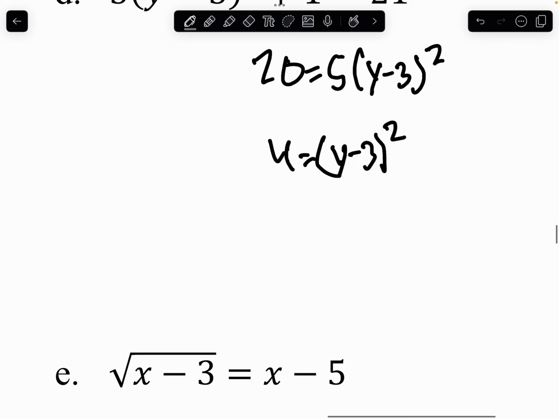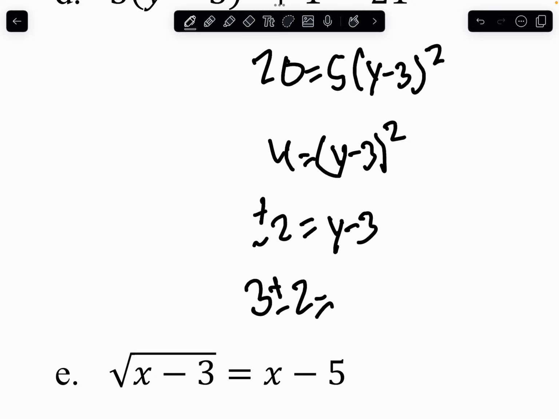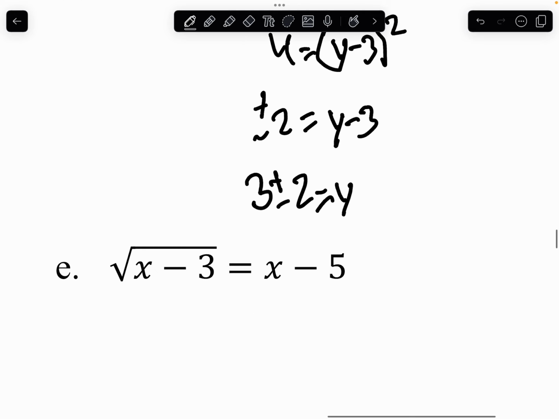Take the square root of both sides, and you get plus minus 2 equals y minus 3. Add 3 to both sides. 3 plus minus 2 equals y. So y equals 3 plus 2, which is 5. And y equals 3 minus 2, which is 1.